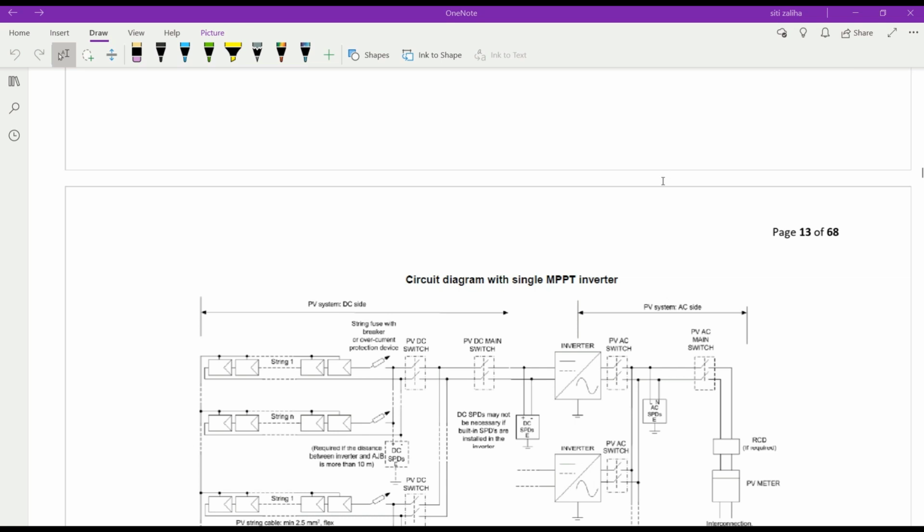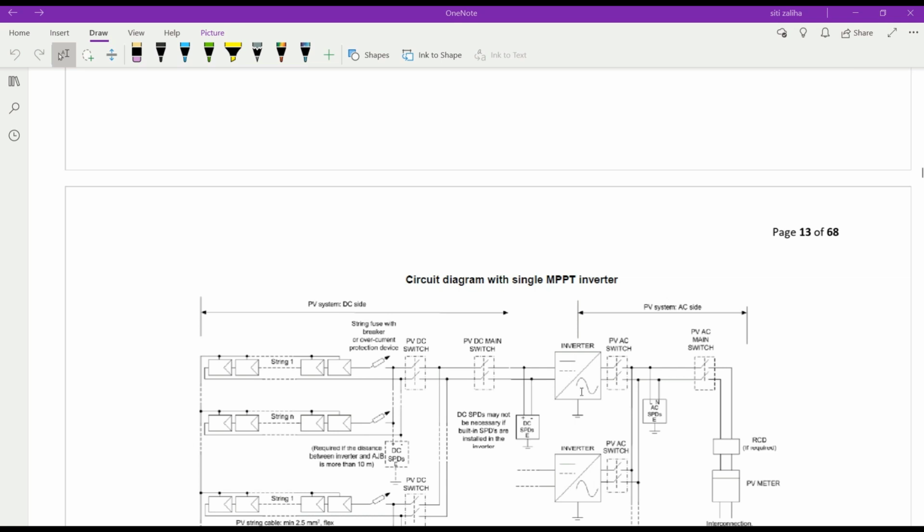So this is the circuit diagram with a single MPPT inverter. Single MPPT means single maximum power point tracker. Okay. So for single maximum power point tracker, in the circuit diagram, it is represented by one input terminal only, which is positive and negative terminal. Okay. So this is an inverter with single MPPT.